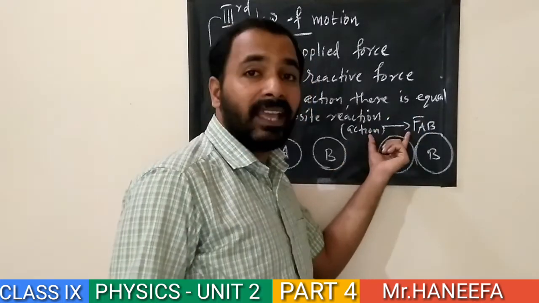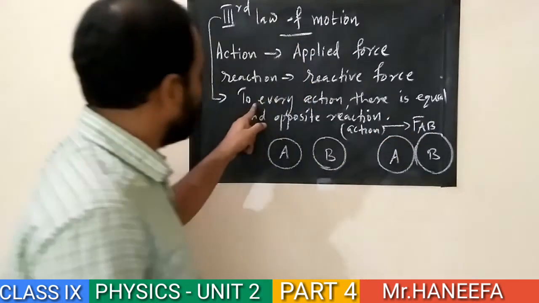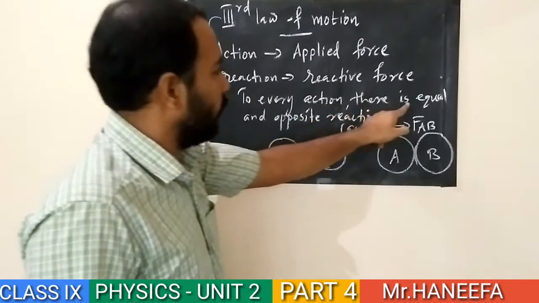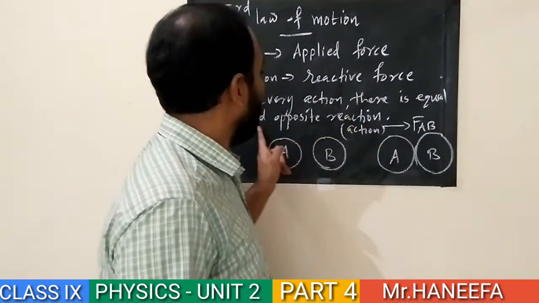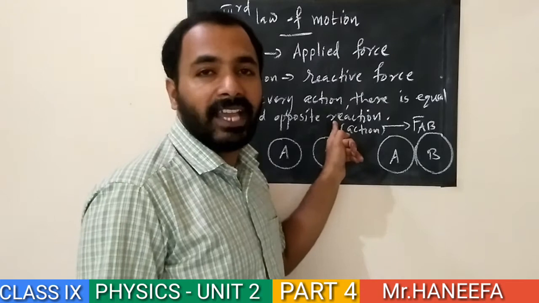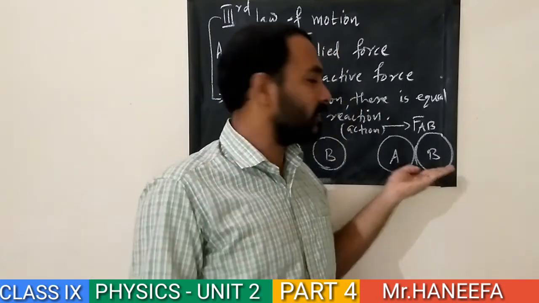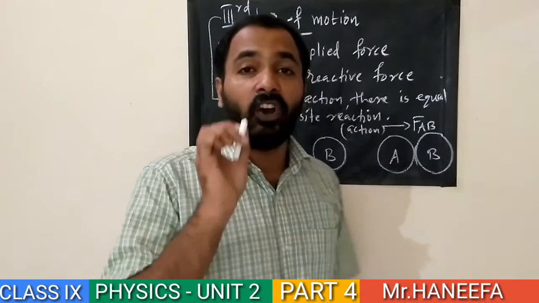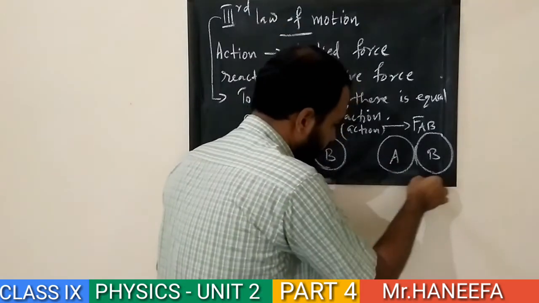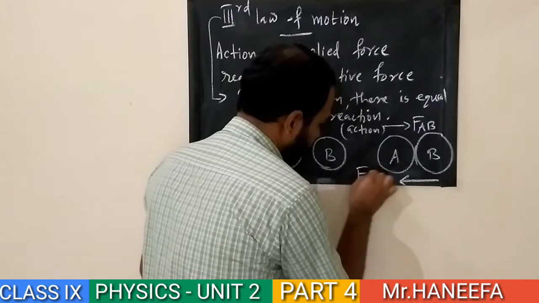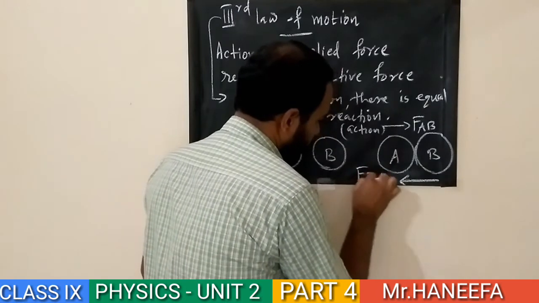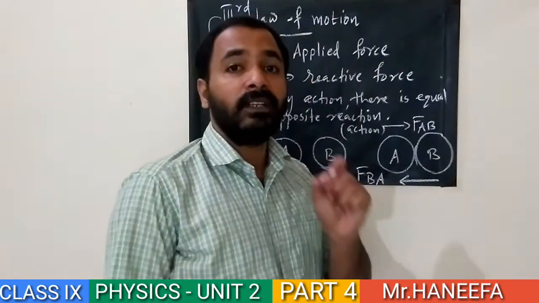FAB is the action. So, to every action there is equal and opposite reaction. So, B applies a force on A in the opposite direction. That is FBA.